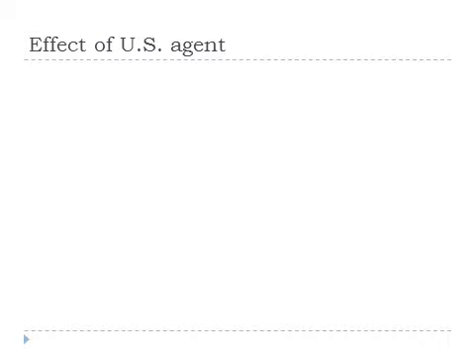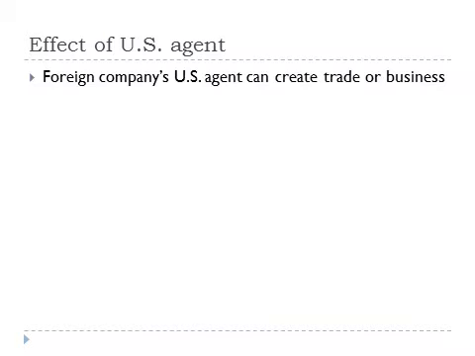What if a foreign taxpayer is not itself engaged in the conduct of a U.S. trade or business, but has an agent in the United States? A foreign taxpayer can be engaged in the conduct of a U.S. trade or business on its own account or through an agent. That is, a foreign company can be deemed to have a U.S. trade or business if it has agents in the United States.